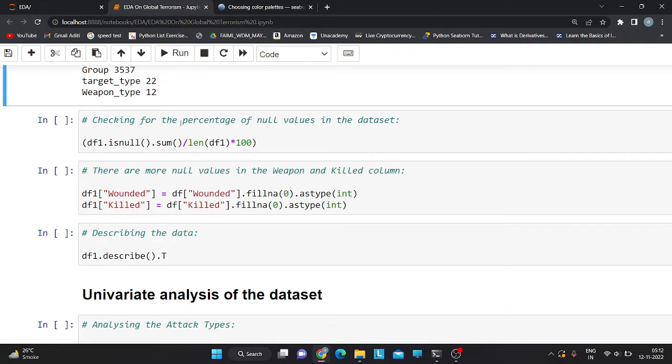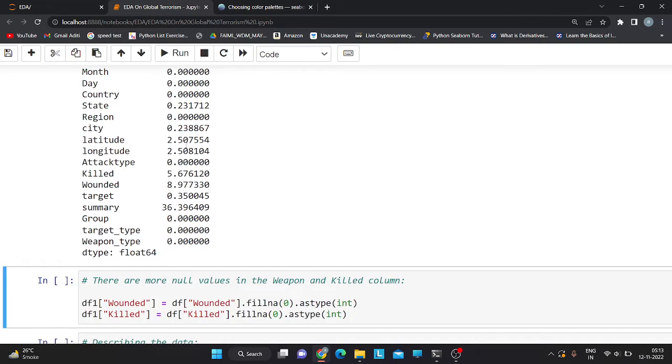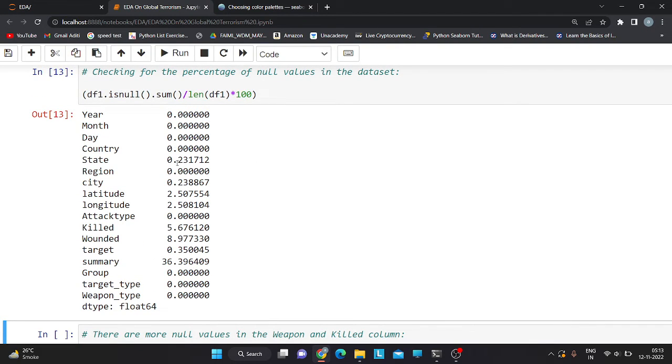Now let us check the percentage of null values that are there in our data. So we have used df1.isnull().sum() divided by the length of df, into 100. This will help us find the percentage of null values. For year and month, there is no null value here, or negligible null value, it is fair enough.